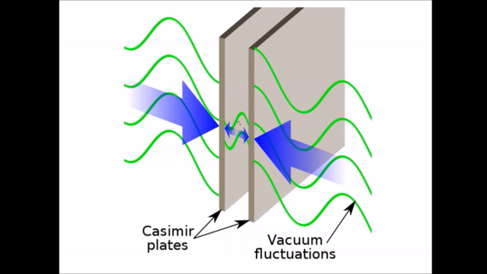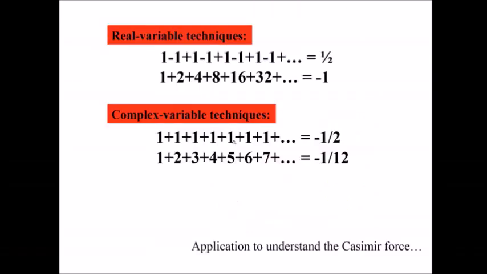And if you sum up the infinite number of energies in these waves, the zero-point energies, now that sum looks like a divergent series, but you can use complex variables to sum those series. And in fact, you need to sum both of these series. You need to sum this series, and you need to sum this series to calculate the Casimir force.